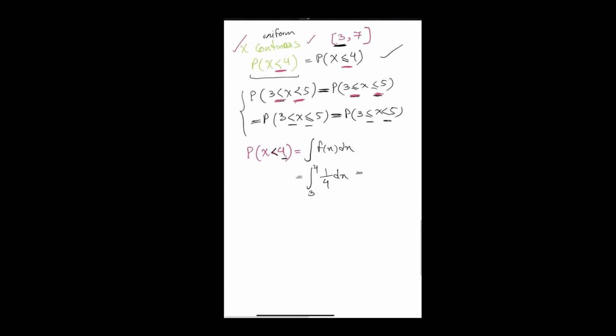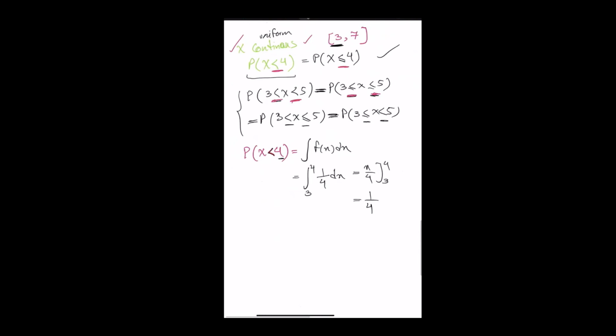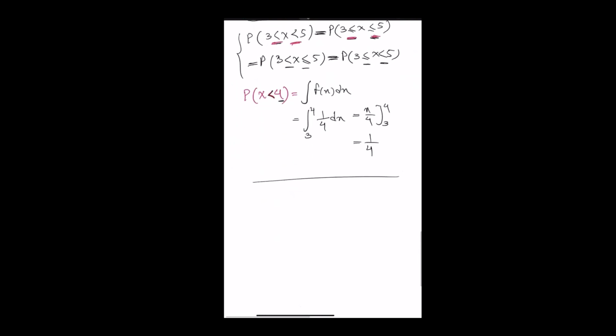That becomes x over 4 between 3 and 4, and that's going to be 1 over 4.